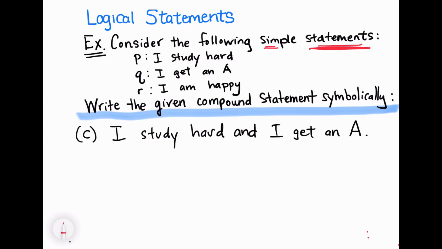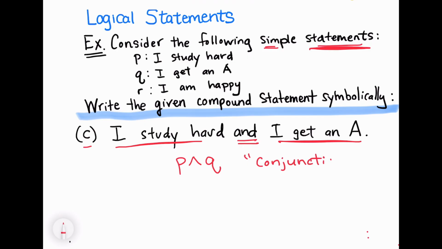For part C, we have the statement, "I study hard and I get an A." The "and" is what's different here, but we have the same statements, P and Q. We write this with a little symbol like a caret, P and Q. This is what we call a conjunction, so these are "and" statements.